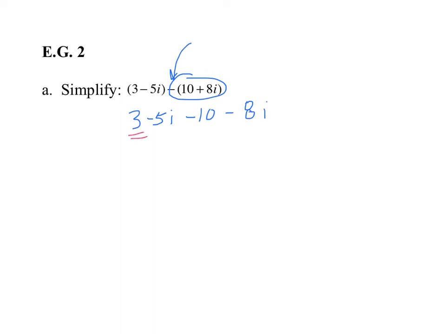So your real parts go together, and then your imaginary parts go together. So for our answer here, we're going to have negative 7. That's the 3 minus 10. And then you're going to have minus 13i, negative 5 plus negative 8i. So you end up with this expression here that's got a real part and an imaginary part.